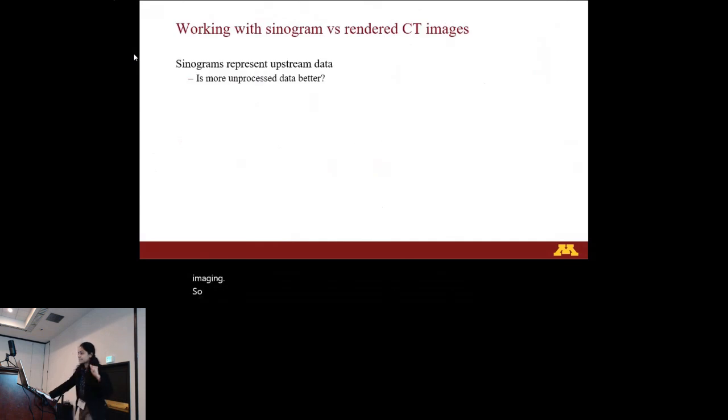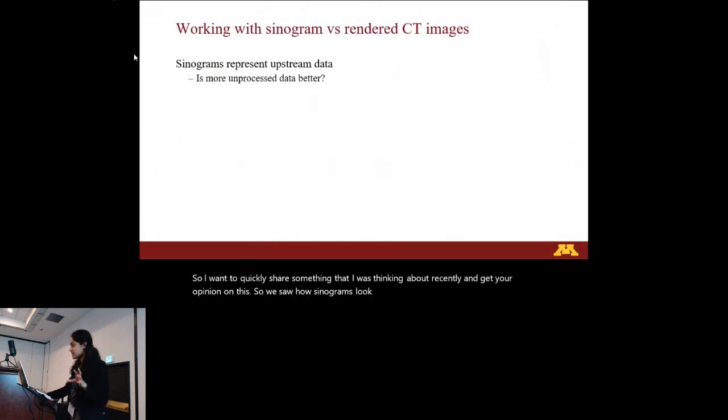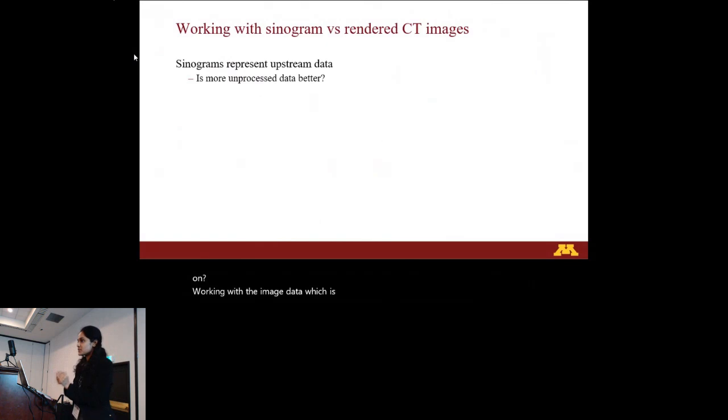I want to quickly share something that I was thinking about recently and get your opinion on this. We saw how sinograms look, and they represent upstream data, right? And we all know that with machine learning, it's sometimes nice to have unprocessed data and work with more upstream data. Why is it that we are so focused on working with the image data, which is human interpretable? This is something I was just pondering.